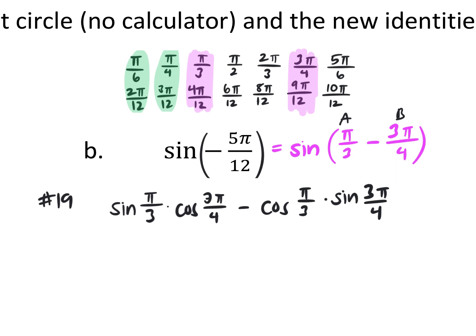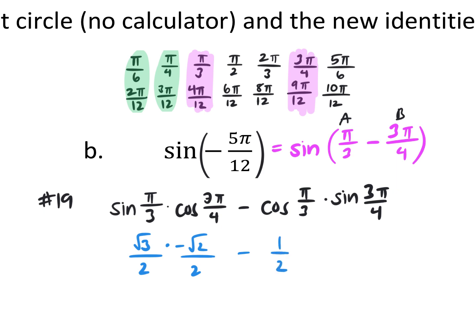Sine of pi over 3, what's that going to give me? The y value, square root of 3 over 2. Cosine of 3 pi over 4: negative square root of 2 over 2. Remember, you're multiplying those, so keep that in mind. Cosine of pi over 3, that's my 1/2.